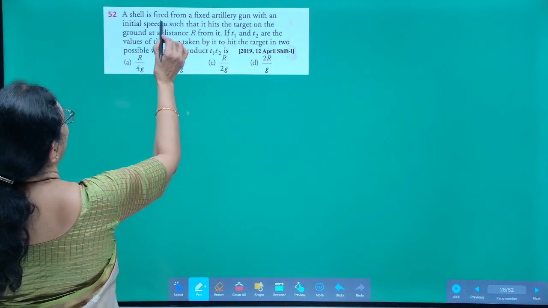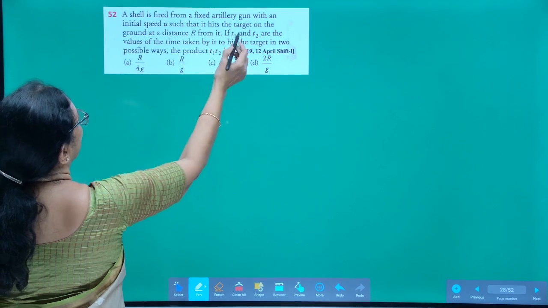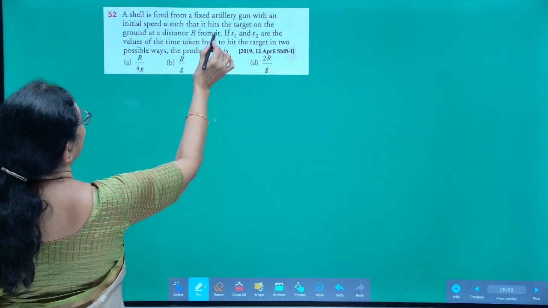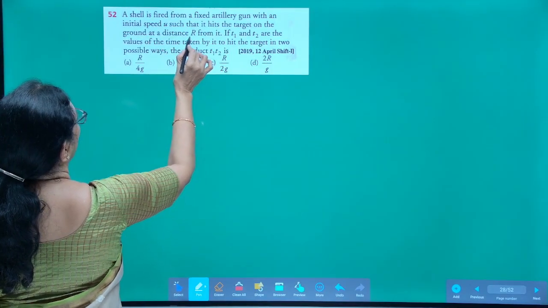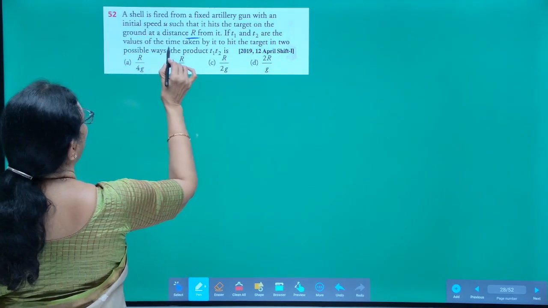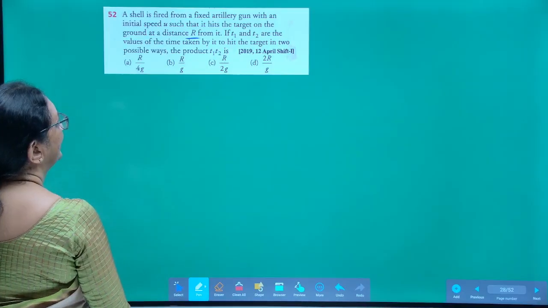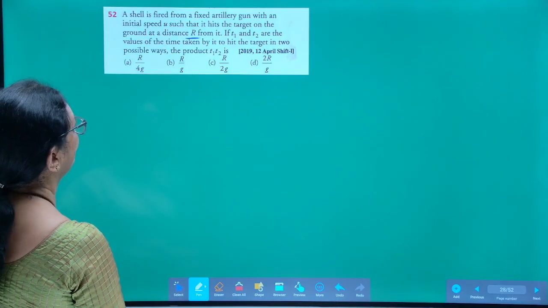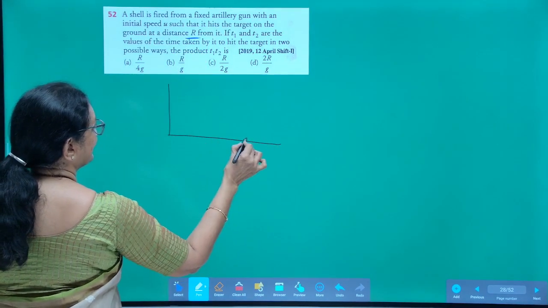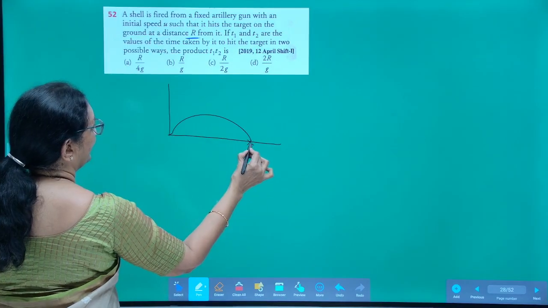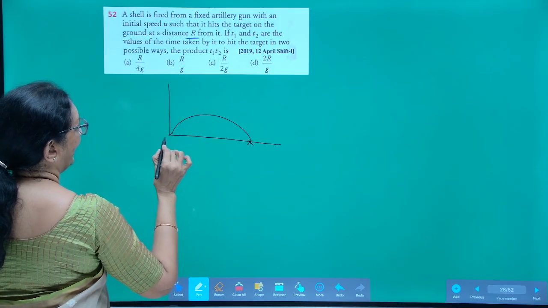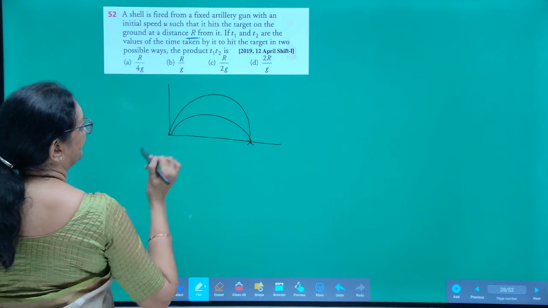Look here, a shell is fired from a fixed gun with an initial speed u such that it hits the target on the ground at a distance r. T1, T2 are the values of times taken by it to hit the target in two possible ways. Here the target is at this point, so it can reach this target at two different angles of projection.